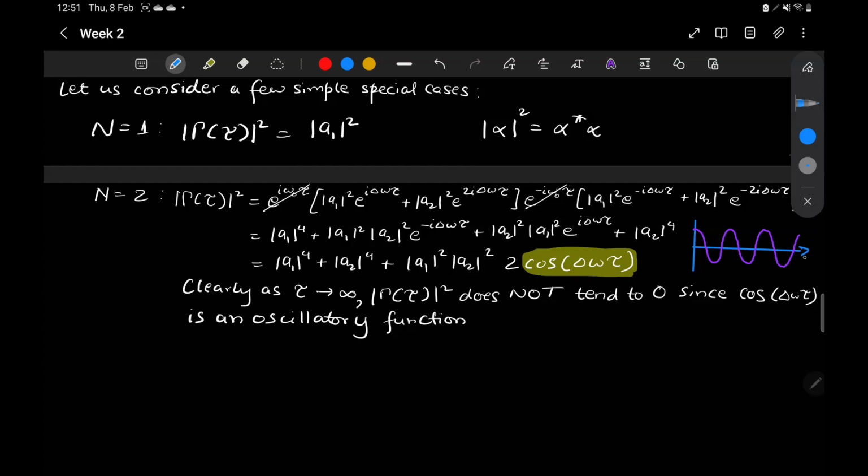So if this is my tau, this is cosine delta omega tau, and this value over here is plus 1, this value over here is minus 1. It will never tend to 0, no matter how big your value of tau is.